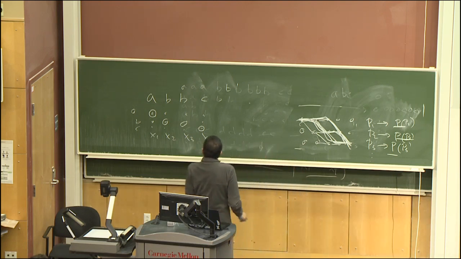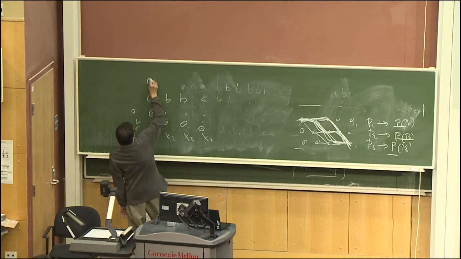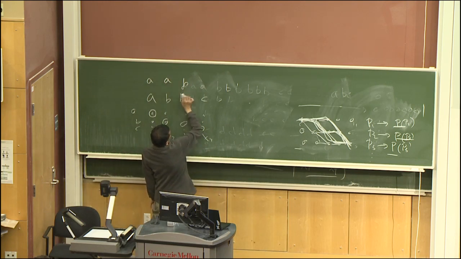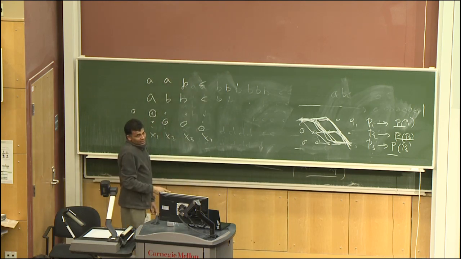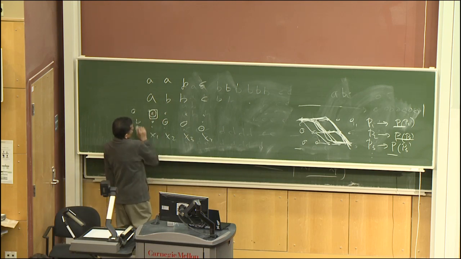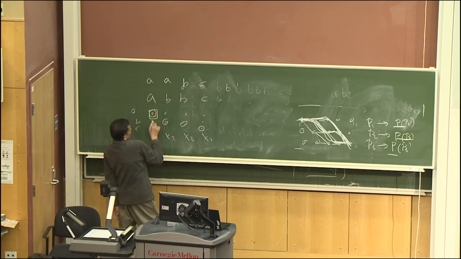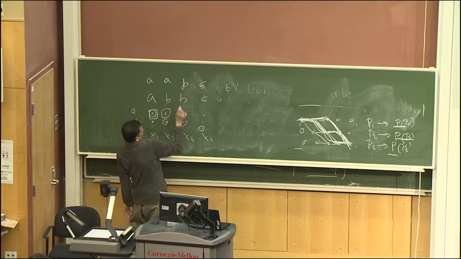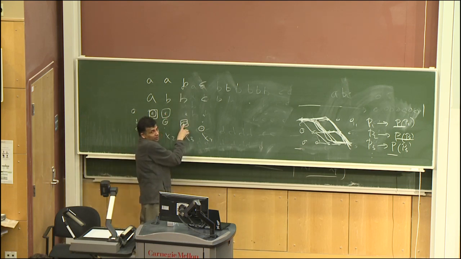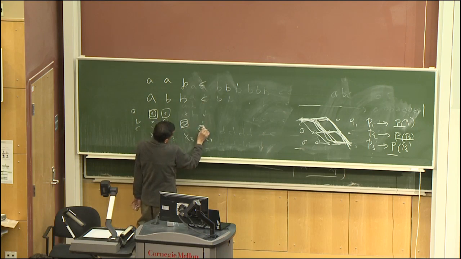If I had a different alignment, which was like A, B, C, in that case, the divergence is going to be minus of the log of this probability, which corresponds to A, plus minus of this log probability, right? Plus the negative log probability of this guy, plus the negative log probability of this guy.